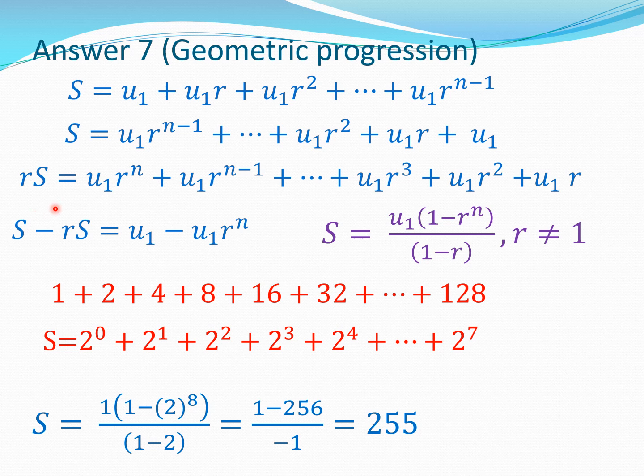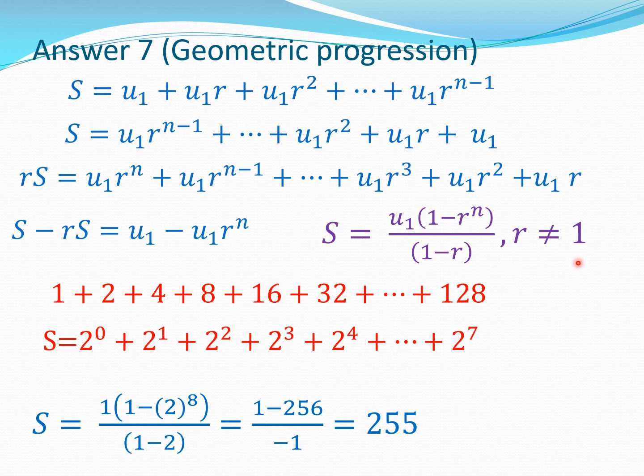Once I do that, I can subtract rS from S. So S minus rS is going to give me this term, because again all the terms cancel except u1 and u1 r to the n. So this immediately gives me the solution in this form, that S is u1 times 1 minus r to the n, divided by 1 minus r. So essentially you can find the sum of the geometric progression by knowing the common ratio r and the first term u1.